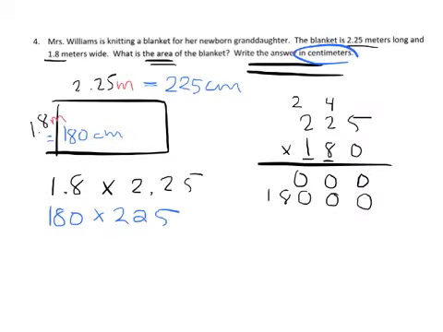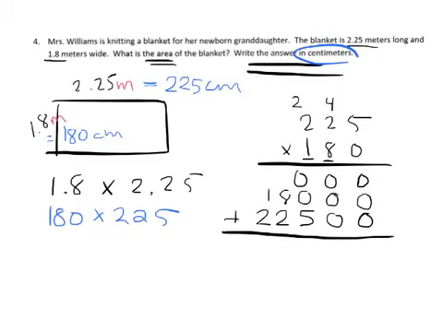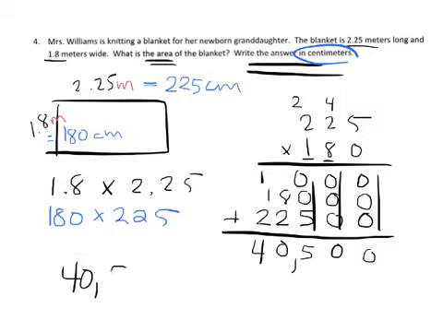Now we're going to multiply by the 1, but that's really a 100, so we know it's going to end in 2 zeros. So 1 times 5 is 5, 1 times 2 is 2, 1 times 2 is 2. Now we're free to add everything up. So 0, 0, 0 is 0, 0, 0, 0 is 0, 0, 0, 5 is 5, 8 and 2 is 10, carry the 1, and then 1, 1, and 2 gives us 4. So that's 40,500 square centimeters.